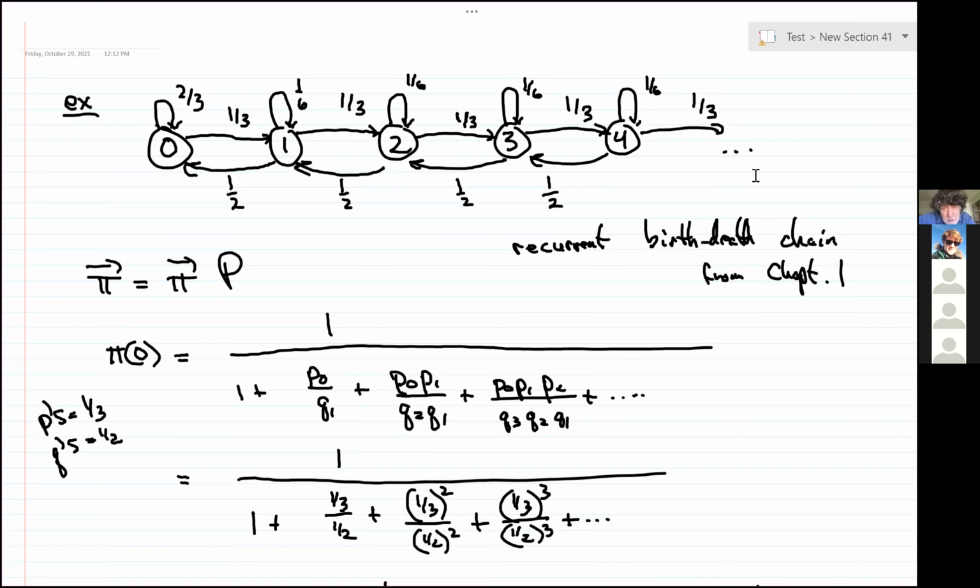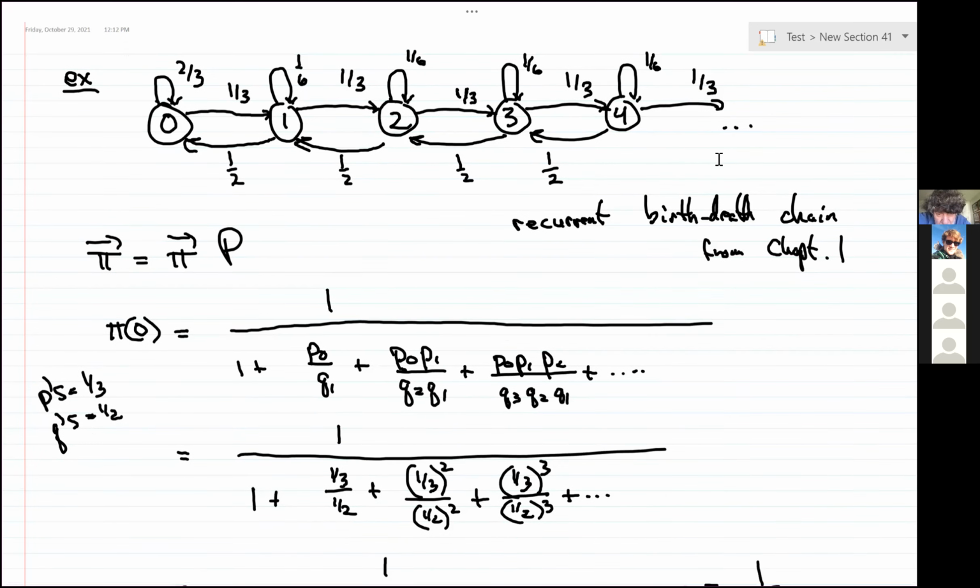But if the 1/3s became 1/2s and the 1/2s became 1/3, then there's a push upward. And in that case, this birth-death chain will actually be transient. What does that mean? That means you're not assured of coming back with 100% certainty at each state because there's more of a push upward.